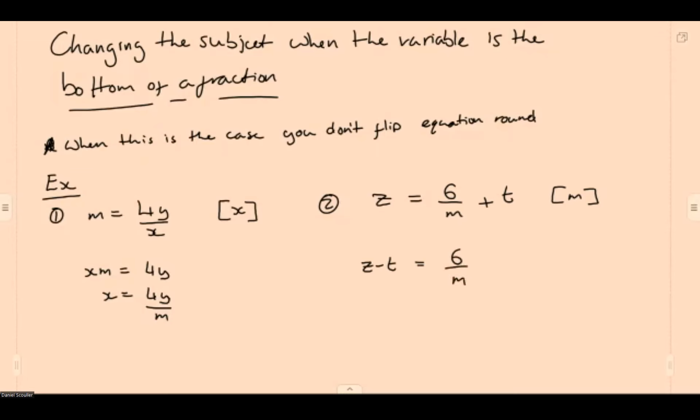At this point we can move that m across, but that m now multiplies everything on the left-hand side, and it becomes m times (z minus t). Writing it with a bracket means I can move that whole bracket in one move. I can take that bracket that's being multiplied by m all over, and it becomes a divide.